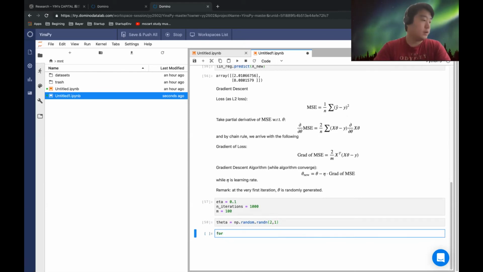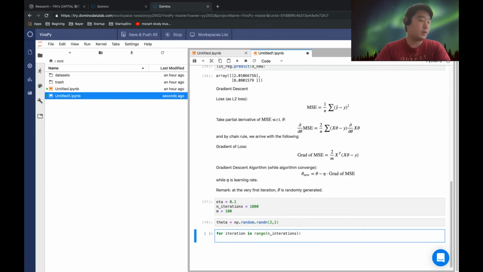For iteration in range of n iterations, we first calculate the gradients. Specifically, that's 2 divided by m times the X matrix X_b transpose, with a dot product of X_b dot theta minus y in the parentheses.